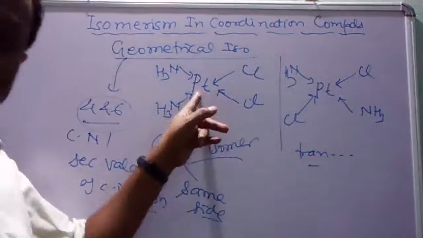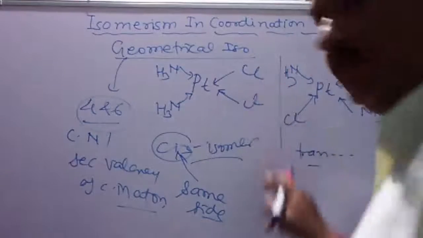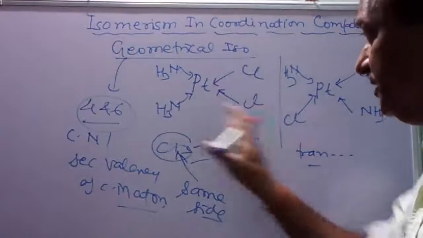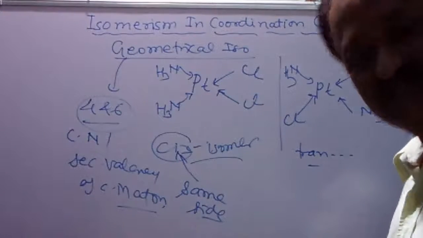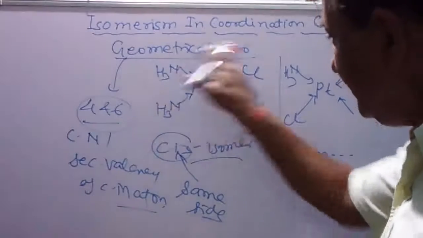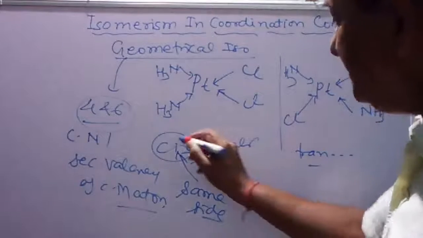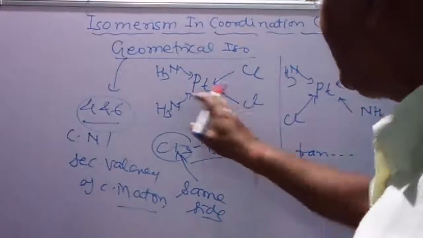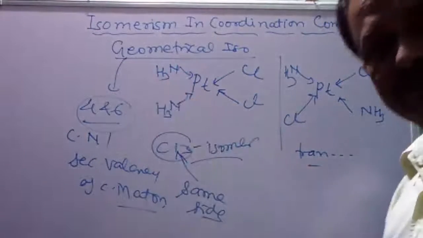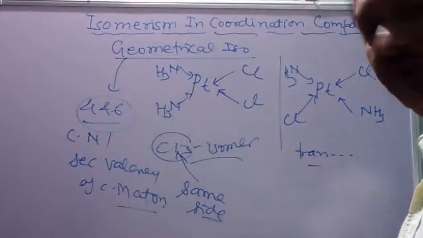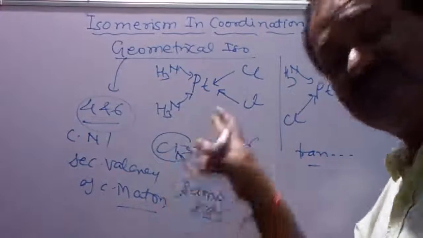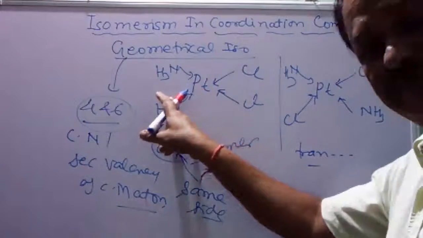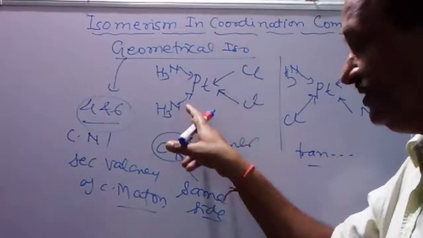Here it is 4, and the two Cl are on one side, the two amines on the other side, in adjacent positions, so this type of isomer is said to be the cis isomer. We write diamminedichloridoplatinum(II).